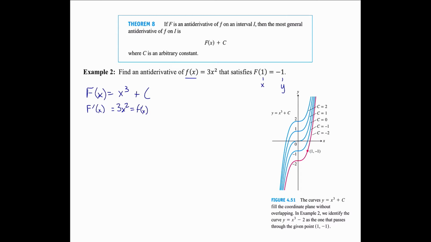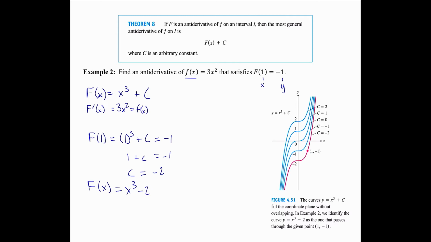So using these ideas with the found antiderivative, we find that F of 1, which is equal to 1 cubed plus a constant, is equal to negative 1. Therefore, 1 plus a constant is equal to negative 1, aka the constant is equal to negative 2. So our true function F of x that satisfies the given conditions is equal to x cubed minus 2.